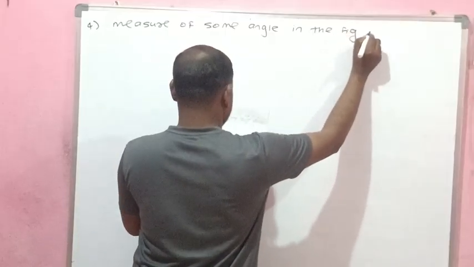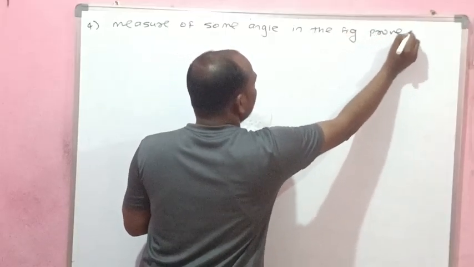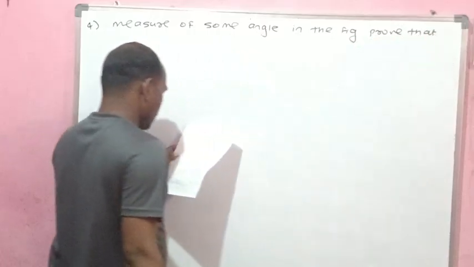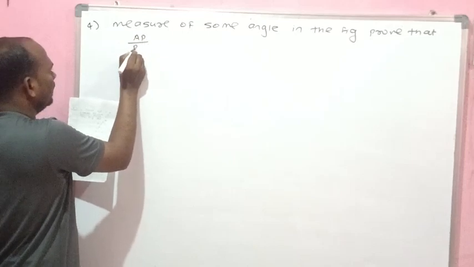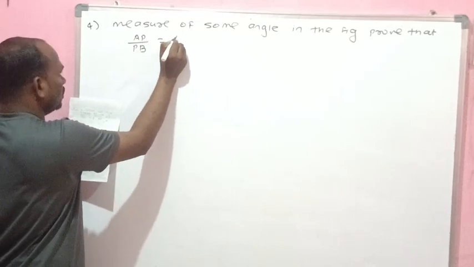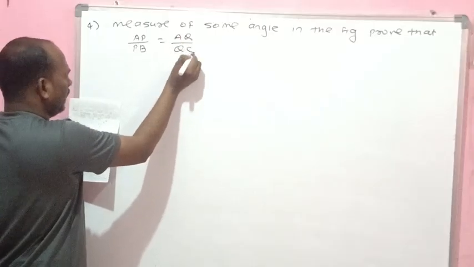Prove that AP divided by PB is equal to AQ divided by QC.